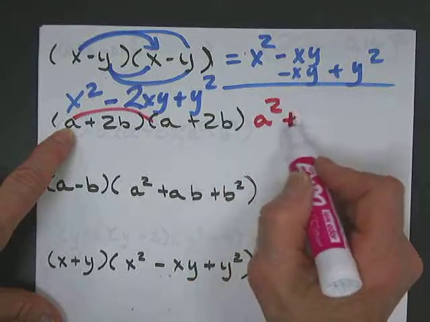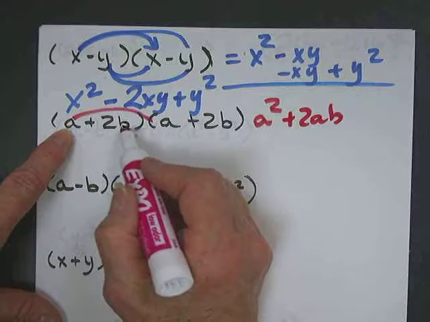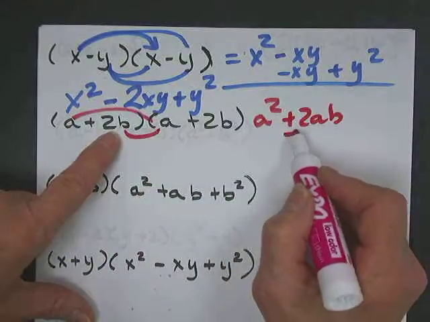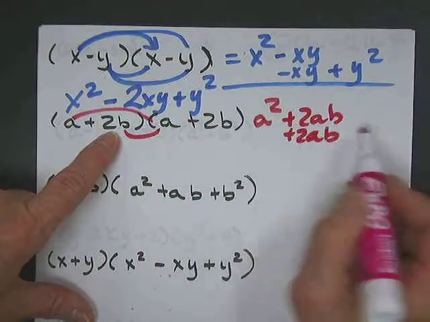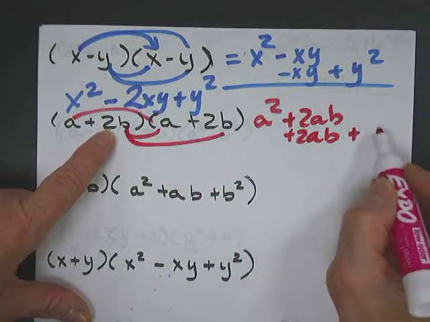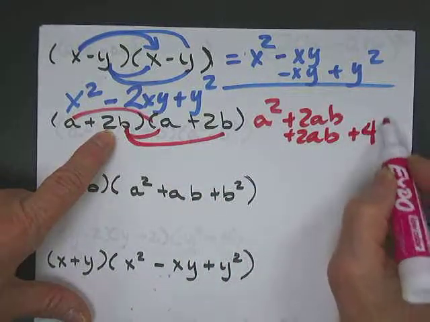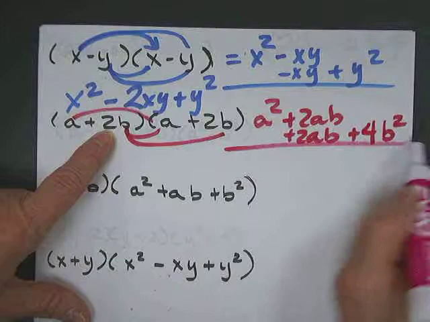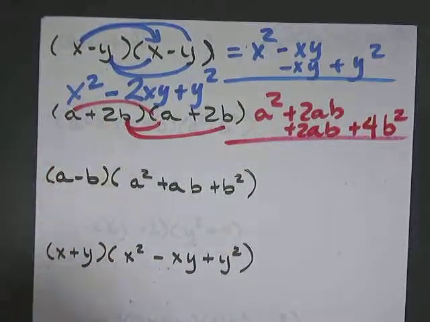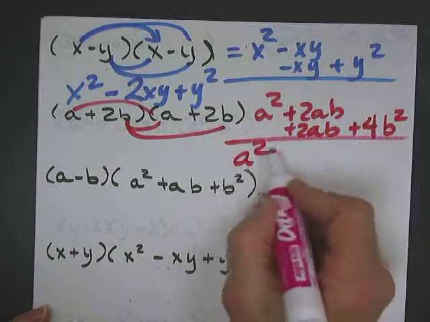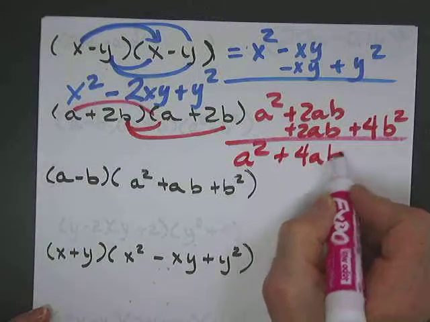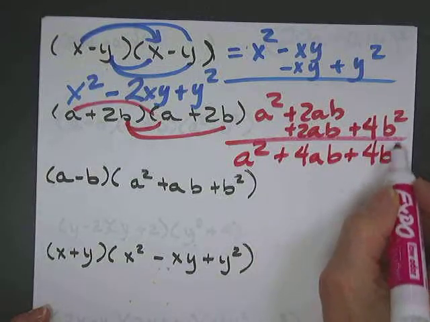Okay. Here we have a squared, outside plus 2ab, inside should be the same thing. And then the last, 4b squared.